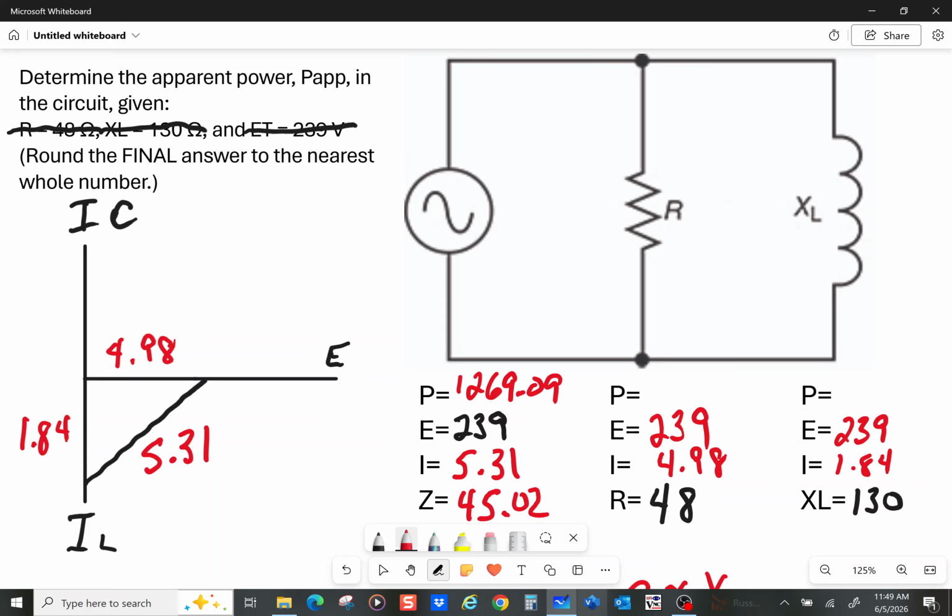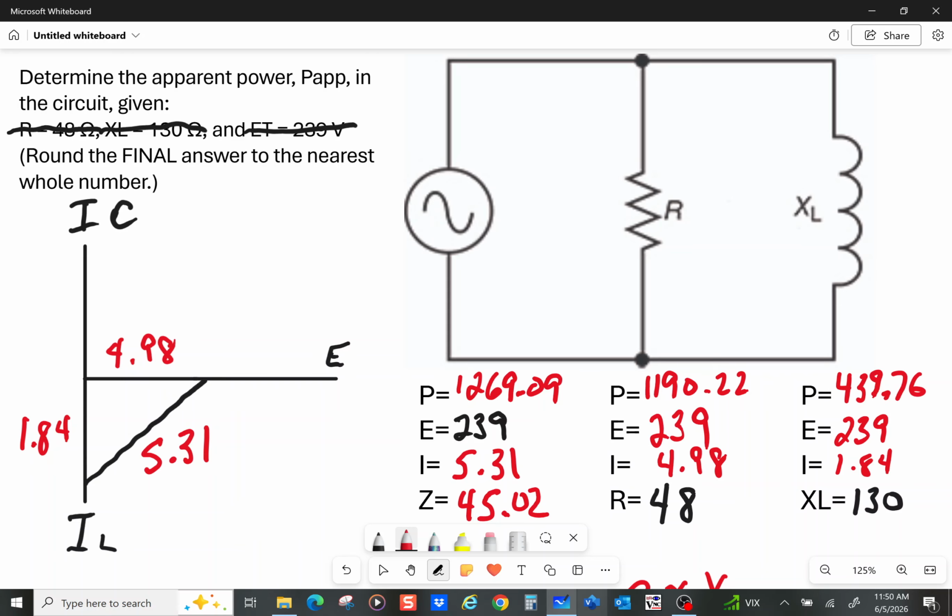I'm going to take my 239 and multiply it by 4.98, and that gives me a value of 1190.22. And I'll take my 239 and multiply it by 1.84, and that's going to give me a value of 439.76.